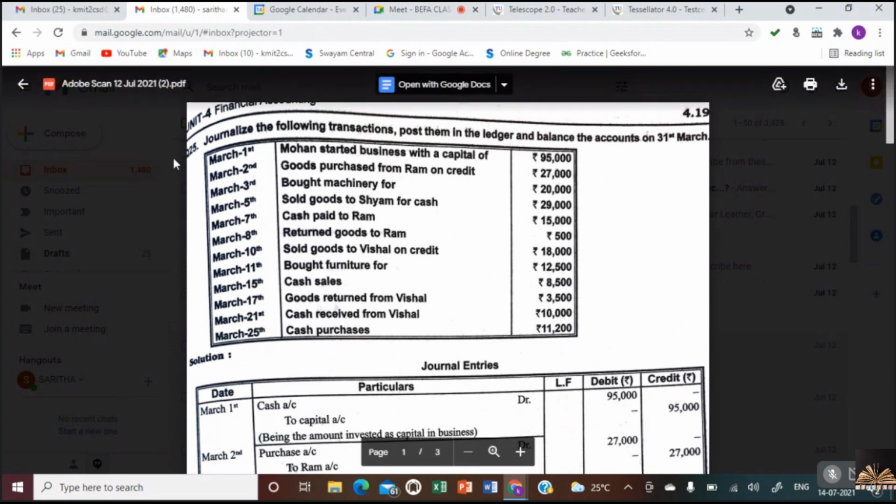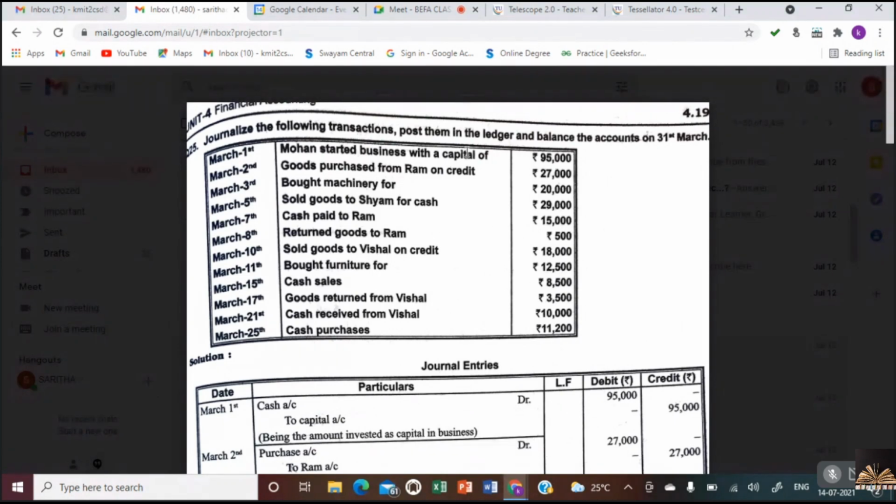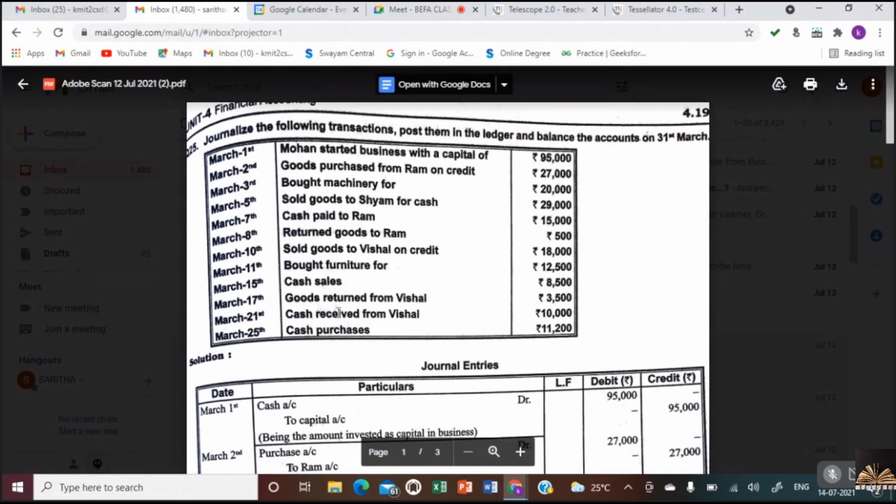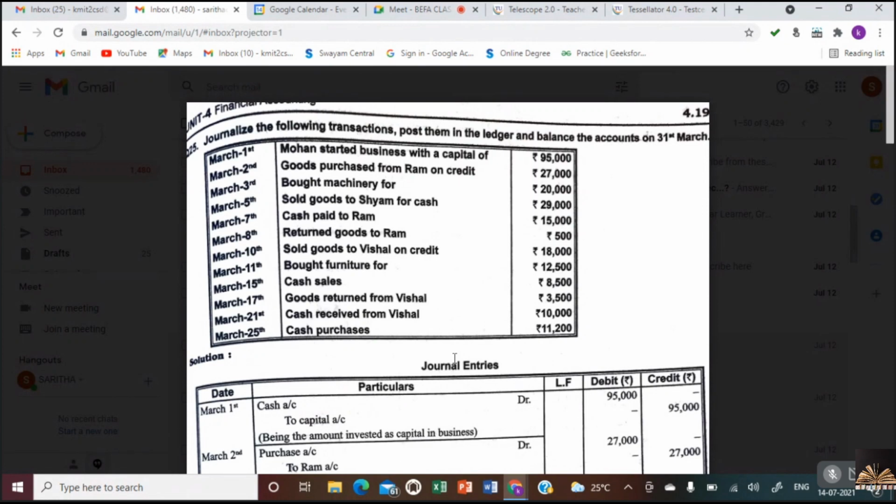This question says: journalize the following transactions, post them in the ledger and find the balances in the accounts on 31st March. So this includes passing the journal entries and posting in the ledger. Posting in the ledger and passing the journal entries is a big question which carries 15 marks.